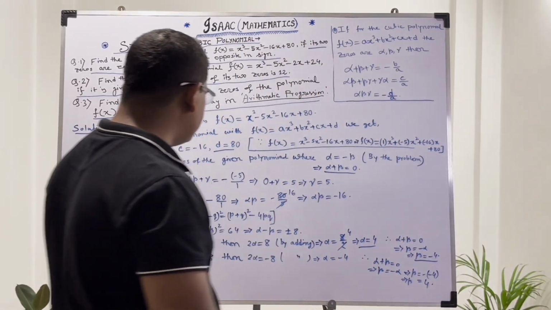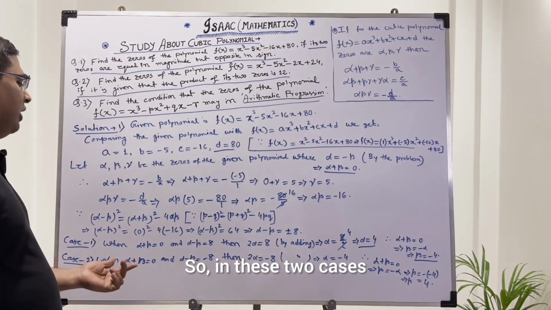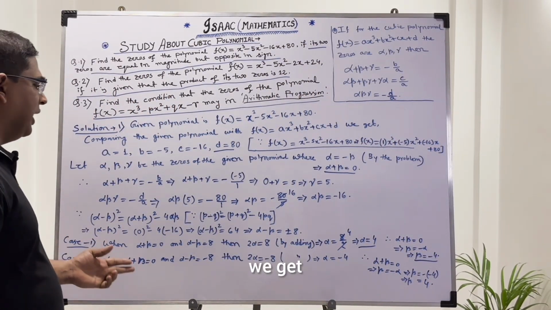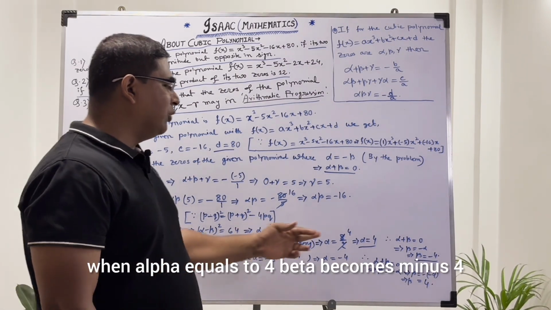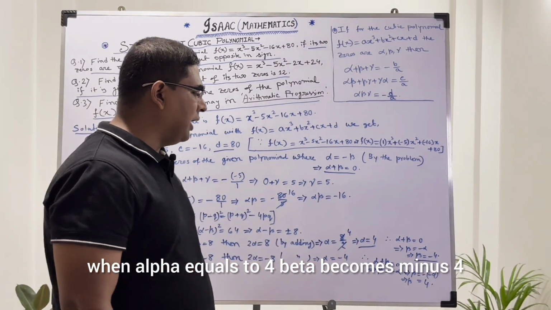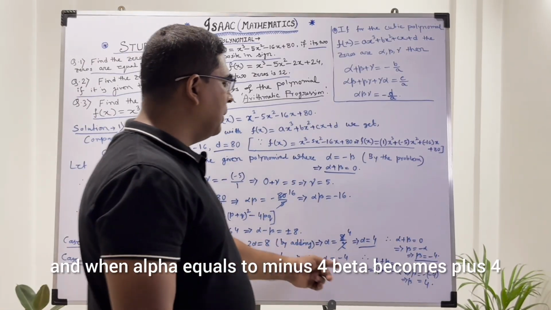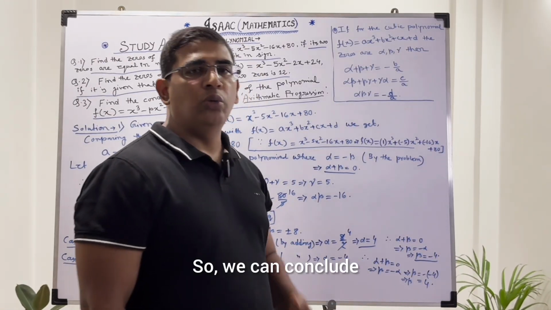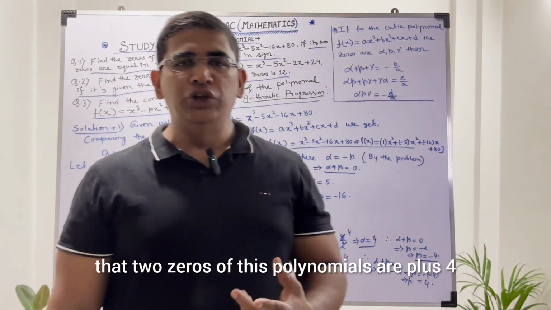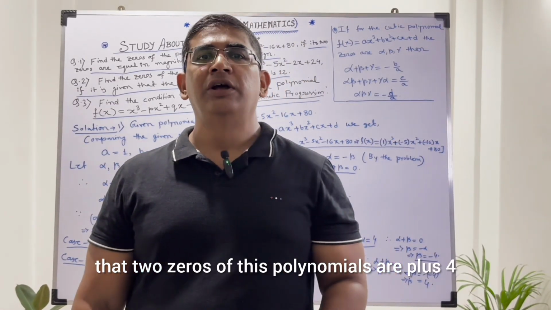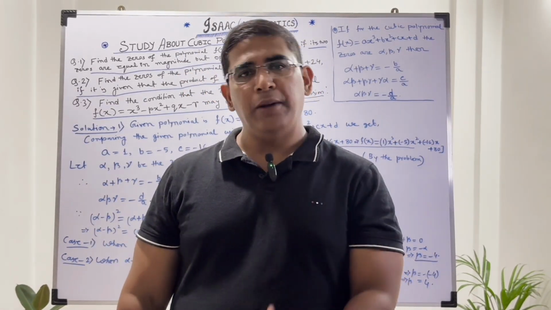Okay. So in these two cases we get when alpha equals 4, beta becomes minus 4, and when alpha equals minus 4, beta becomes plus 4. So we can conclude that two zeros of these polynomials are plus 4 and minus 4.